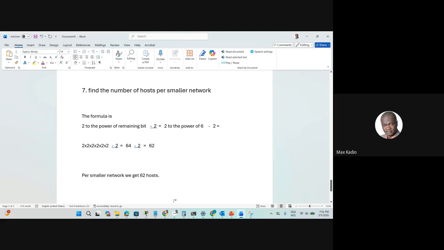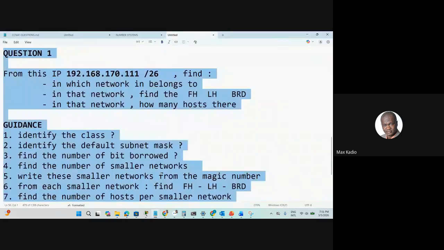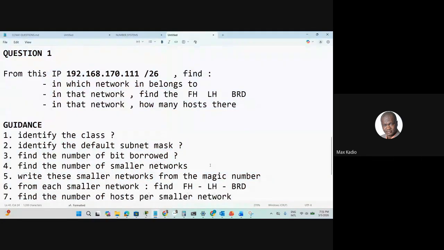So I can say that you know your stuff now. Identify the class, identify the default subnet mask, find the number of bits borrowed, find the number of smaller networks, write these smaller networks from the magic number.